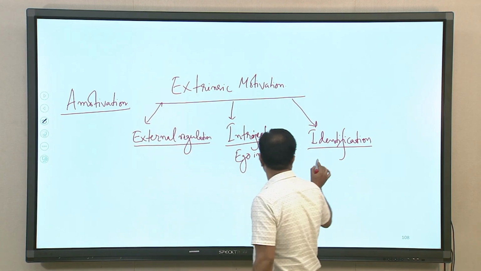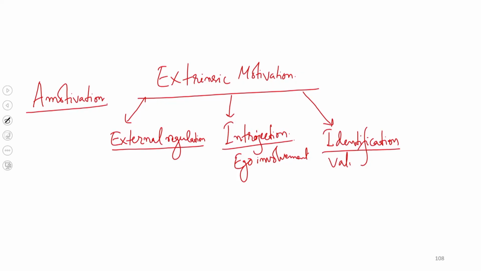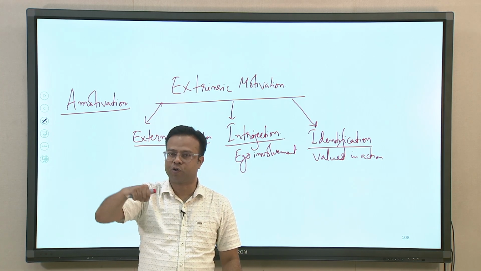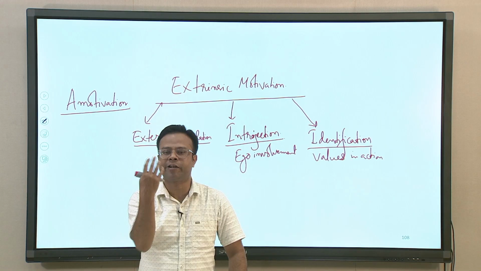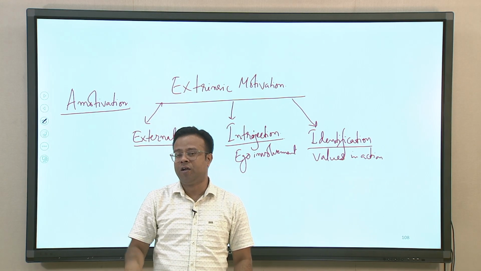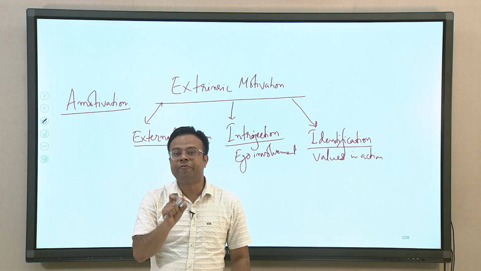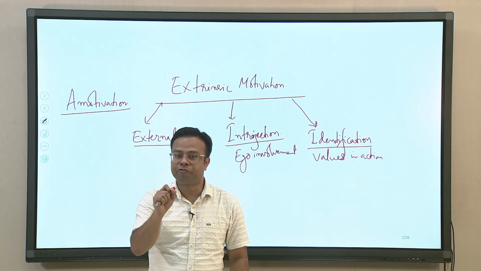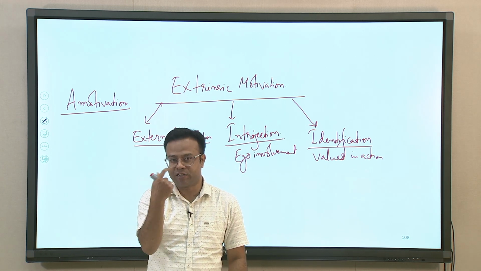The person values and identifies the values in the action. Although it is still extrinsic, the person wants to get something out of it, the person will be much more motivated because the person sees the value of doing it. If a student sees there is a value of study, why study is important?